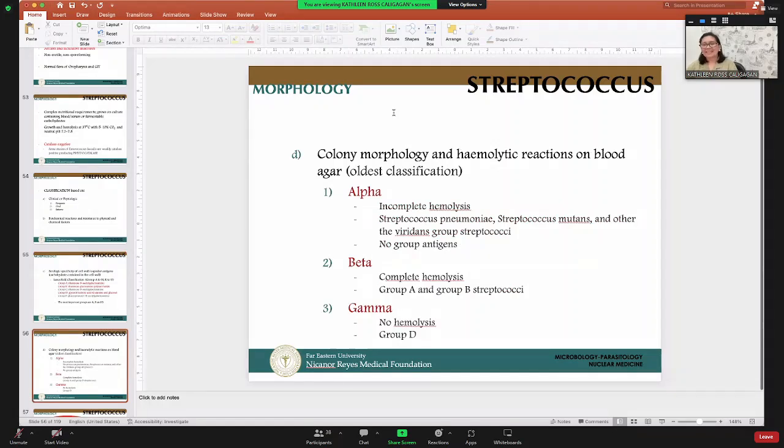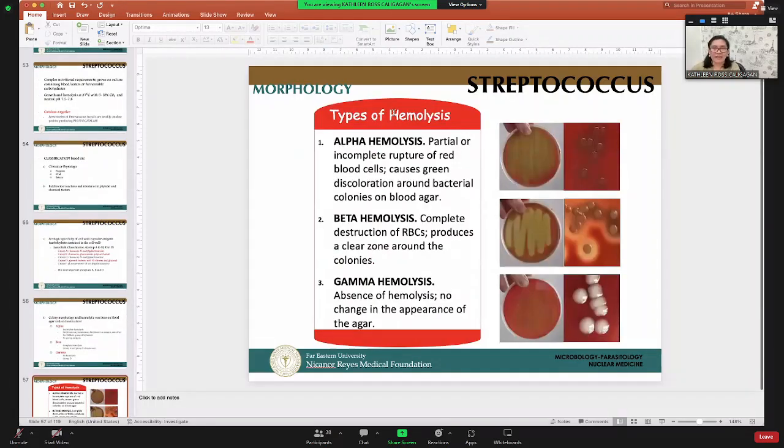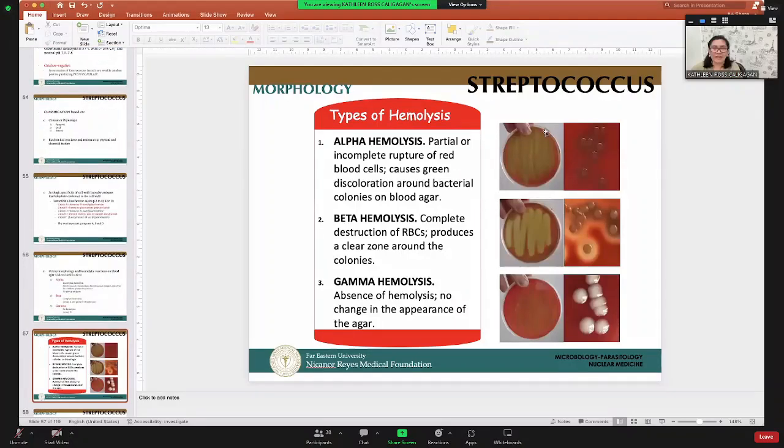Okay, and this one, also a famous classification, is based on their hemolytic reaction on blood agar. You have the alpha, the beta, and the gamma. Alpha suggests incomplete hemolysis or incomplete rupture of RBC, so you see a greenish discoloration around the colonies.